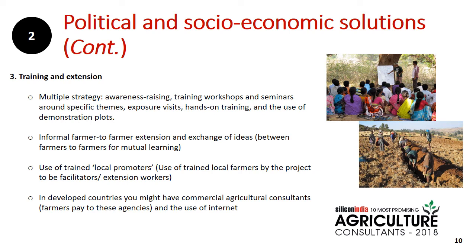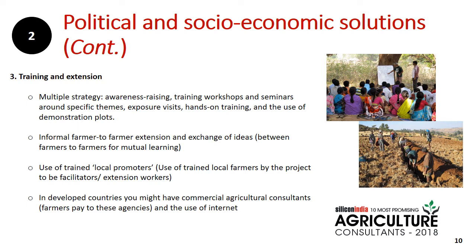You would see that what I mentioned above about training and extension might work very well, especially for developing countries where they cannot pay for consultancy, they don't have the money, or they don't have access to information. However, in some developed countries, you might have different types of training and extension services.